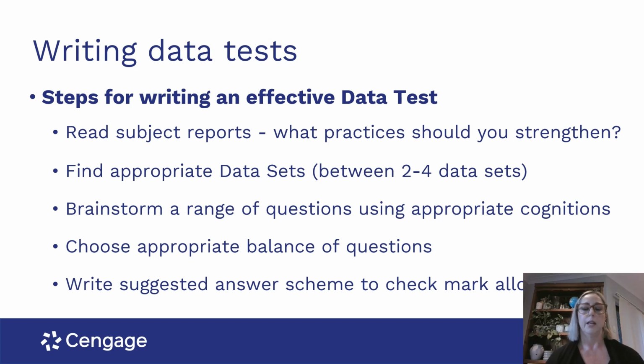So I will end up with a data set and a whole range of questions underneath. And once I've done that, I can then go through and choose what data set I think fits the best and what questions fit the best, and pop that into my IA1.